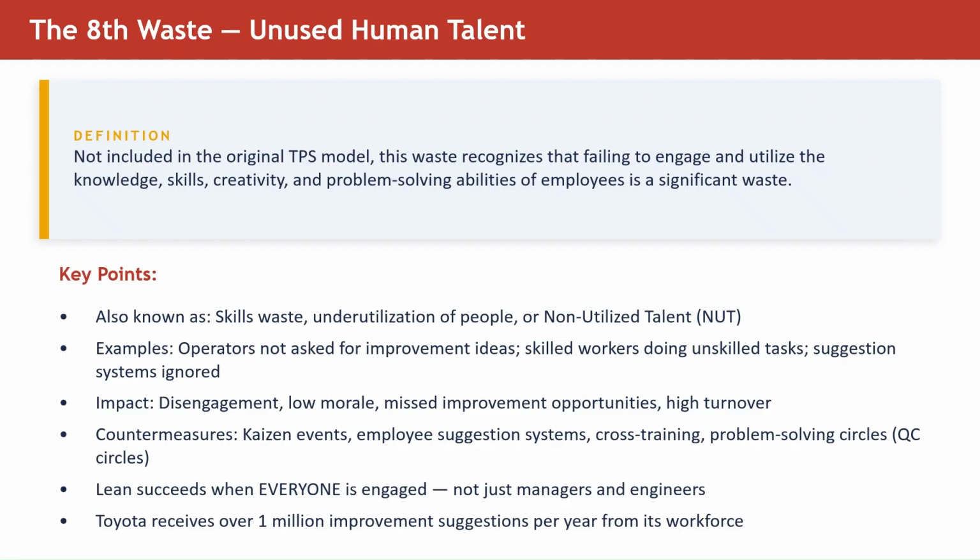A maintenance technician has an idea to prevent a recurring breakdown but is never asked. Nobody asked him what can be done to avoid this. An experienced line worker knows a faster method but no one asks for their input. So these are all a few examples that can be considered as waste.